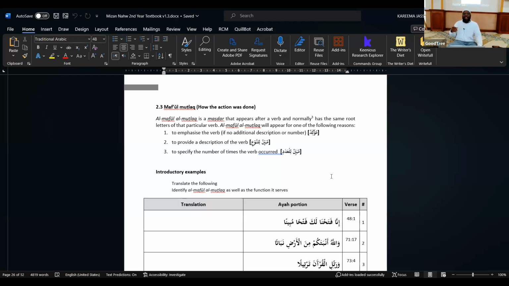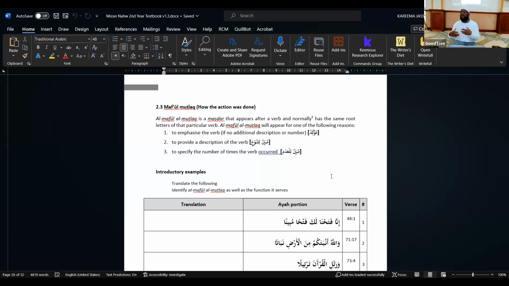We say, he sat a sitting, he drank a drinking, he hit a hitting, like that, right? So if you find the masdar is repeated and there's no word afterwards, it's just the verb and the repetition of the masdar, then it will be to emphasize the verb, right?